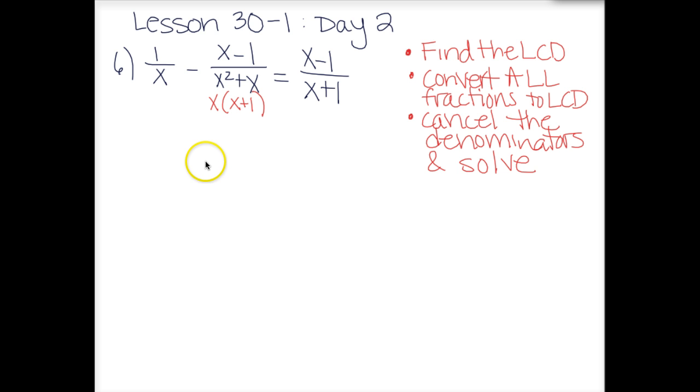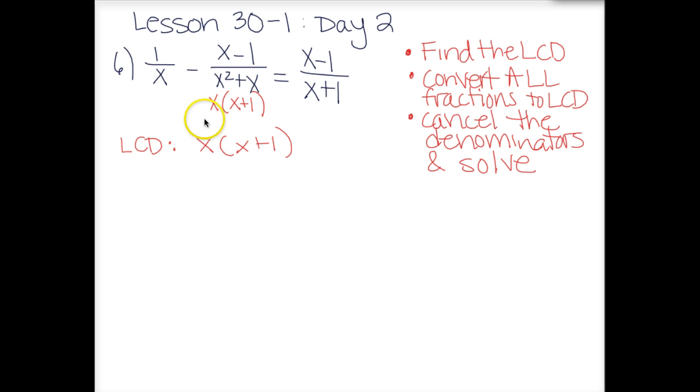Think about it yourself for a minute here, about what that LCD would be. All right, let's see if you were right. The LCD should be x times x plus 1. If you didn't get that right, let's think back to what the process for writing the LCD is.